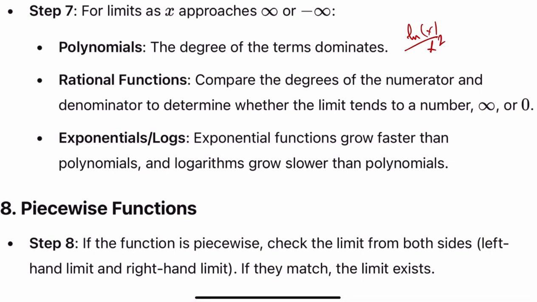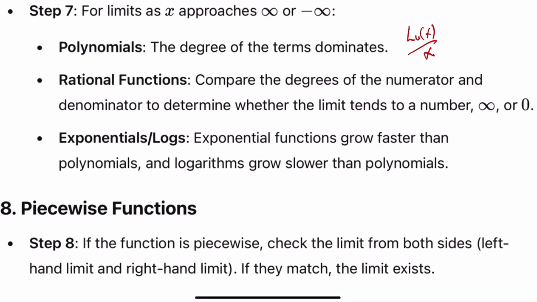Another example is the limit of log of x divided by x. In this function we have a logarithm function, which is log x, in the numerator and a linear function, which is x, in the denominator. As x approaches infinity, the log of x increases but much more slowly than this.